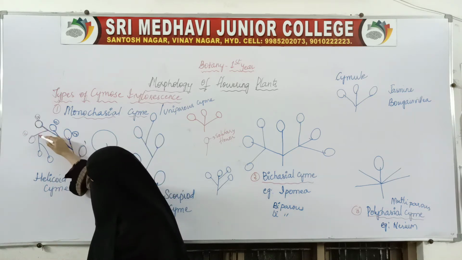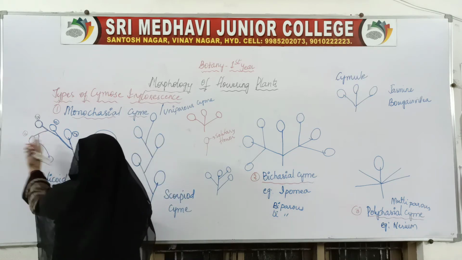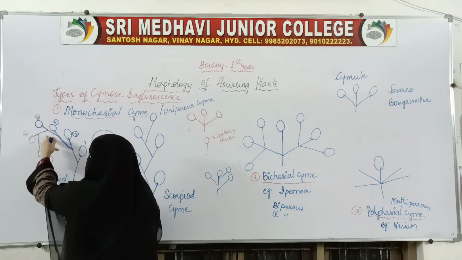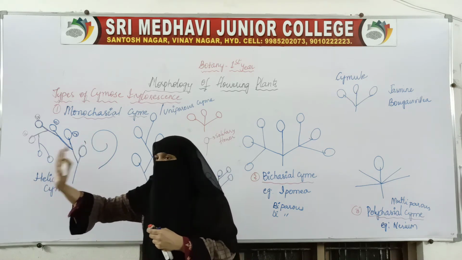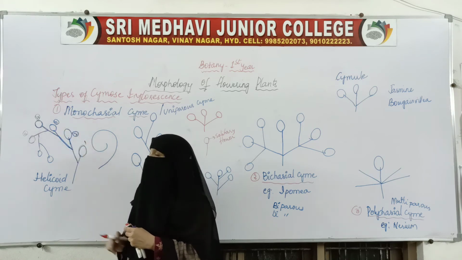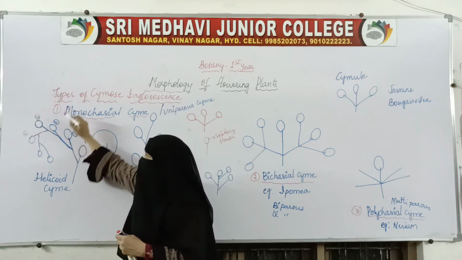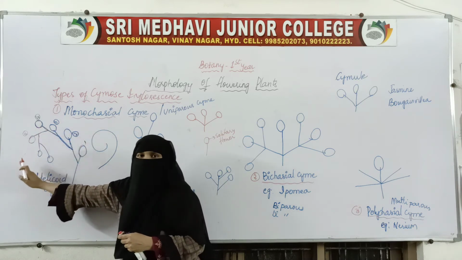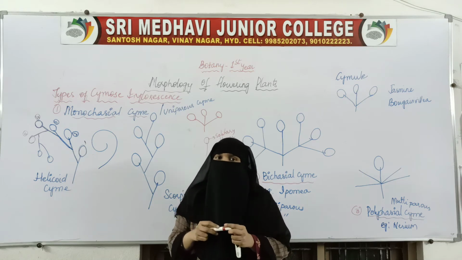All of them are coming out from the left side. Only at one side are branches produced; at this side a branch is not produced. Only at one side are branches produced which terminate into a flower.